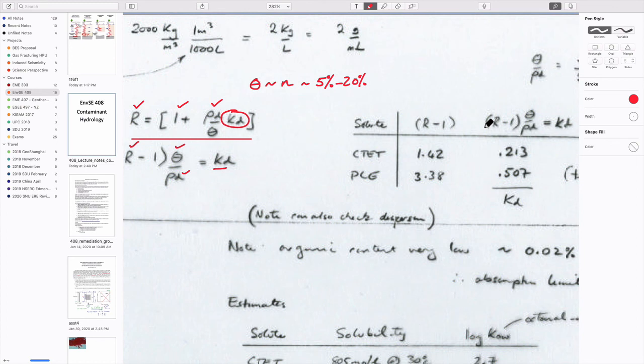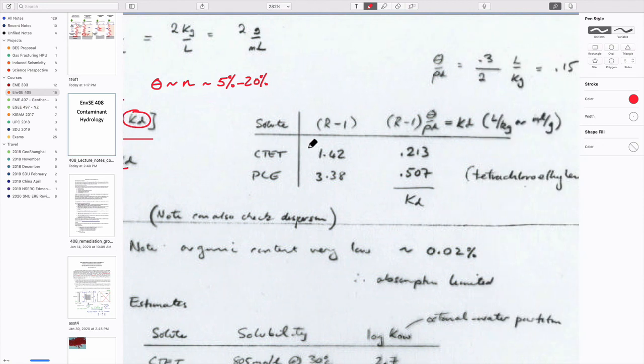The units of this have to be unitless, and so the units of Kd, since theta has no units, have to be the reciprocal of density. Density is mass per unit volume, so Kd has to be volume per unit mass. So the volume of solute dissolved per unit mass of the solid aquifer is basically what it is.